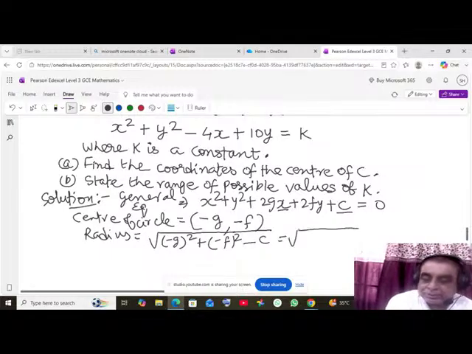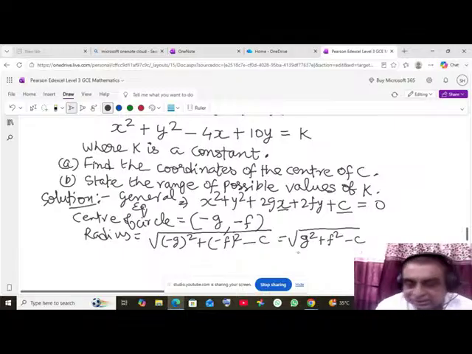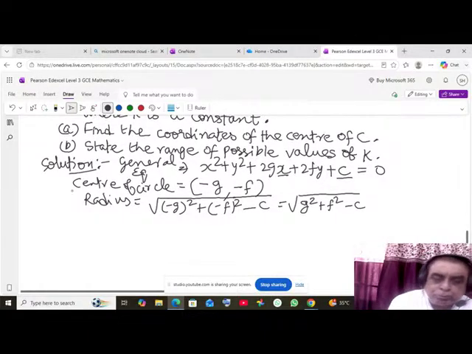So the radius is the square root of g squared plus f squared minus c. Remember these formulae.